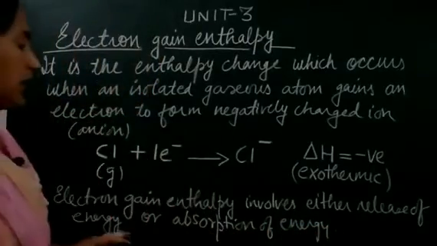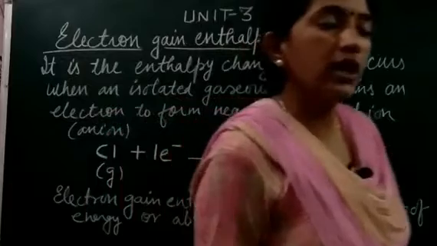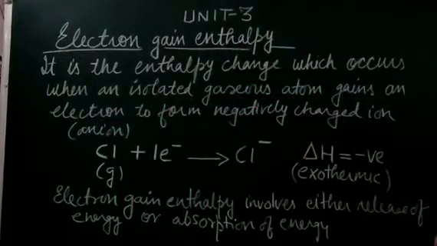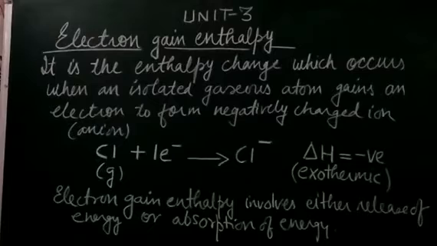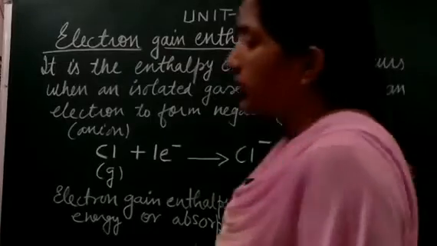Right, students? So electron gain enthalpy will be an exothermic process if the energy is being released, and if the energy is being absorbed, it will be an endothermic process.